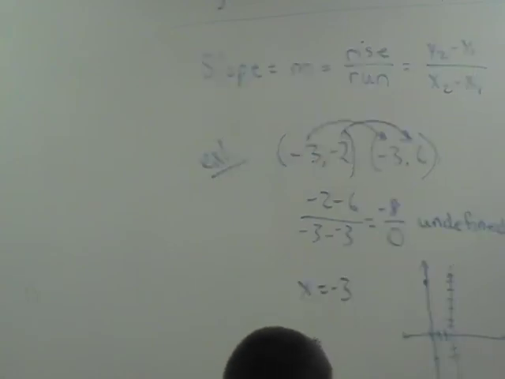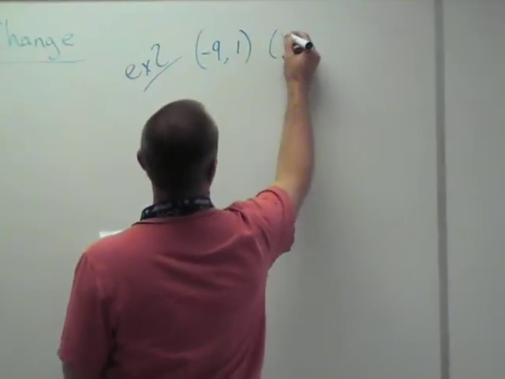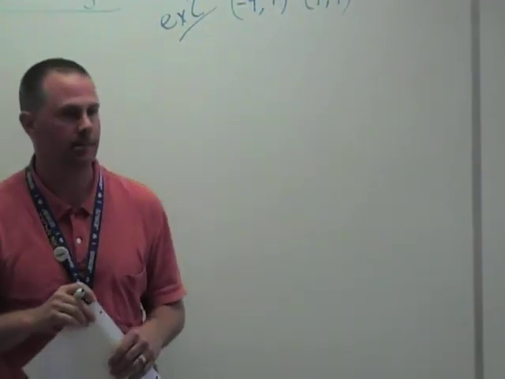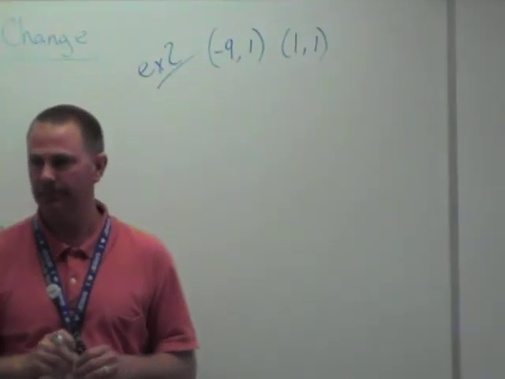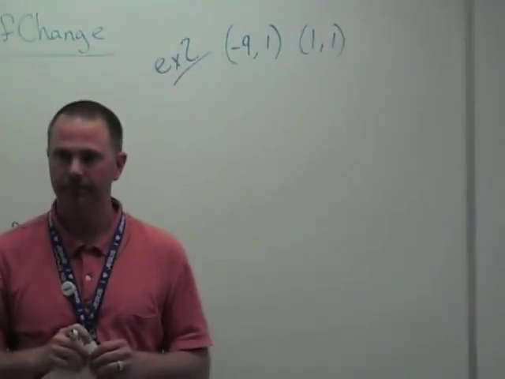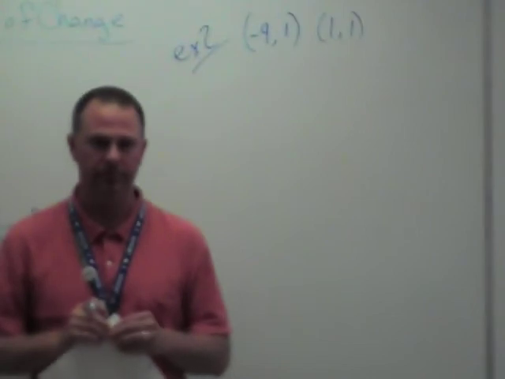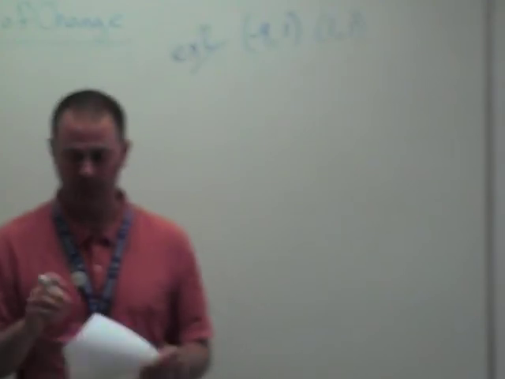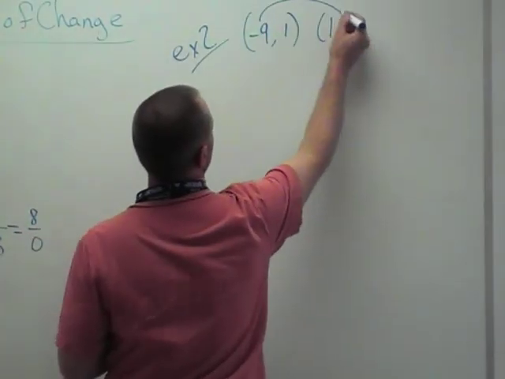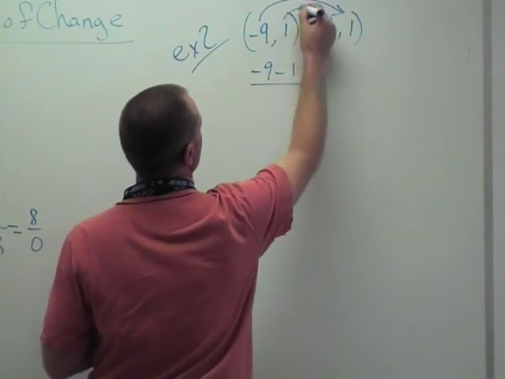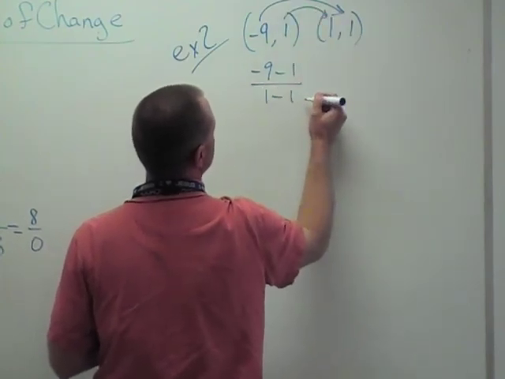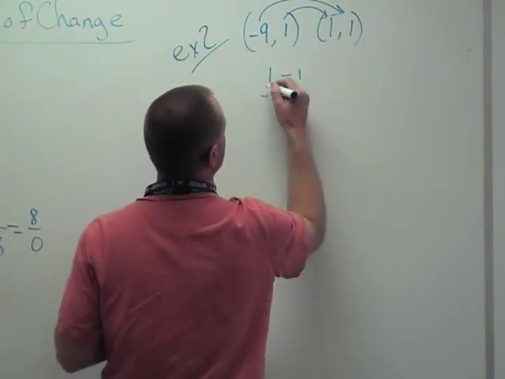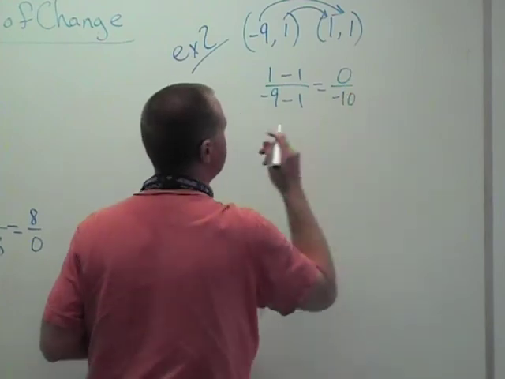Everybody figure this one out. Negative 9, 1, and 1, 1. Everybody do this one. 10 seconds. 1 minus 1 and negative 9 minus 1, sorry. 0 over negative 10.